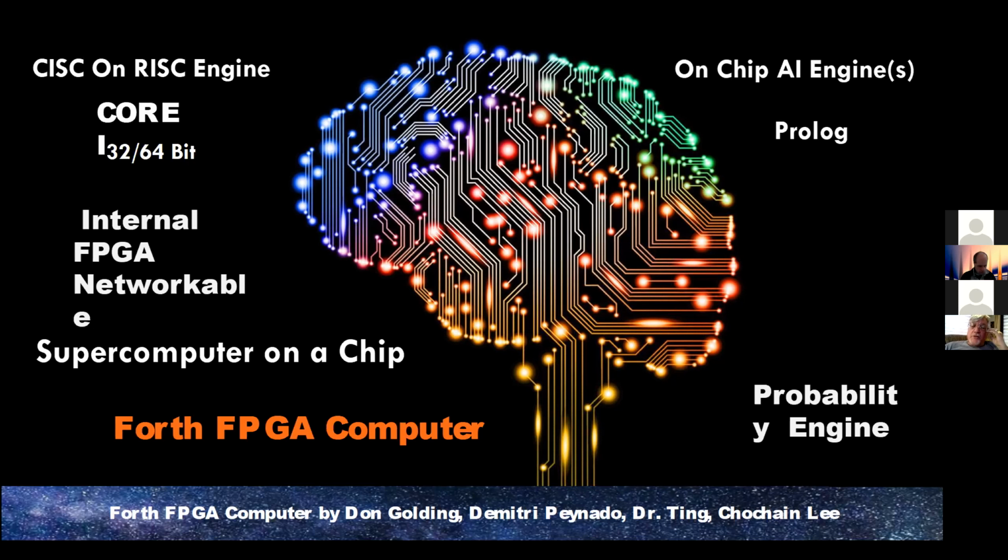If you look at Dr. Ting's VHDL version, or the J1, there's at least half a dozen Forth engines already out there. They're done in RTL. The problem with doing everything in RTL is you're changing bits and registers, and you're doing everything at a low level.